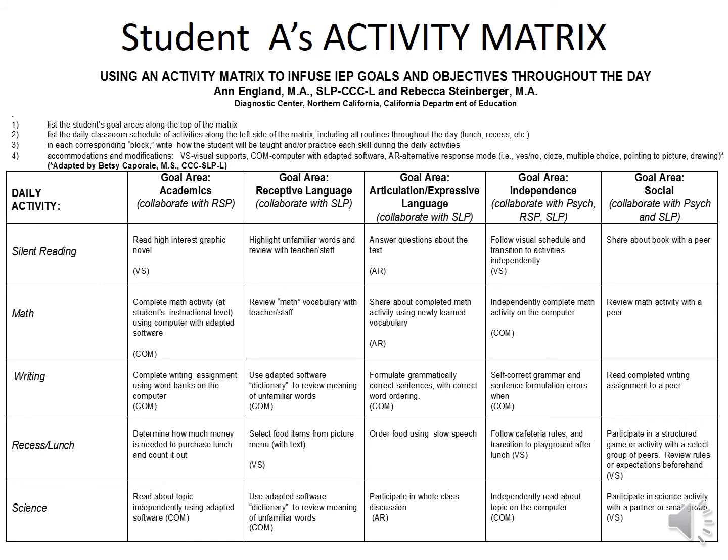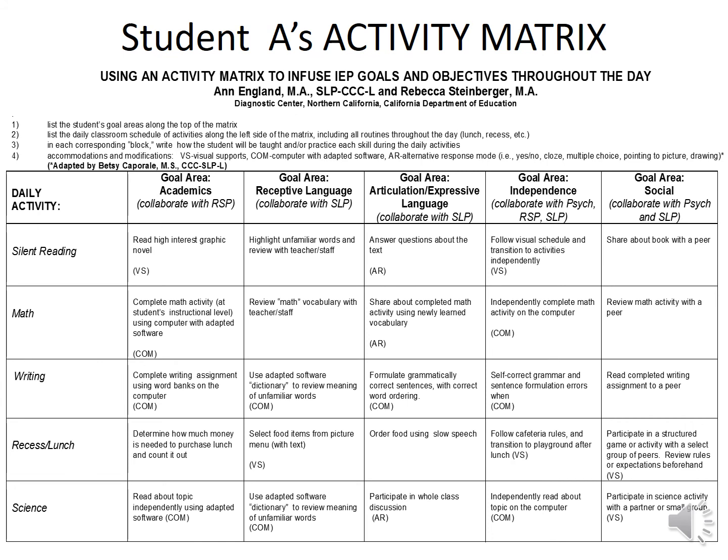So for instance, silent reading, we're going to have him read a high interest graphic novel. That graphic novel is going to provide the visual support that the student needs. For receptive language during silent reading, we're going to have him highlight unfamiliar words and then review those words with the teacher or staff so that he can help increase his receptive language and vocabulary skills.